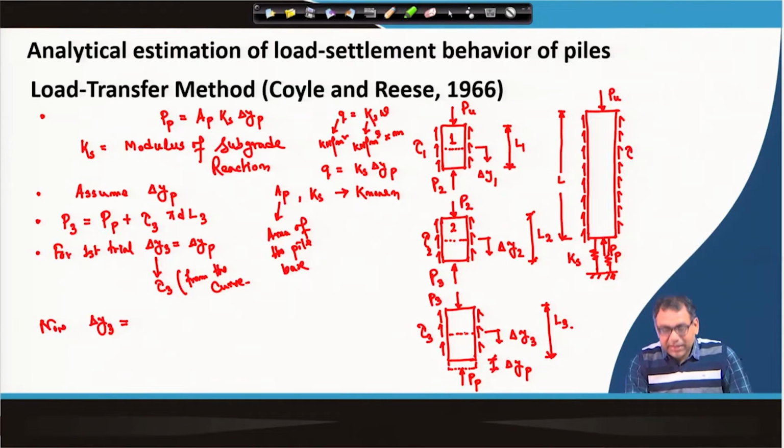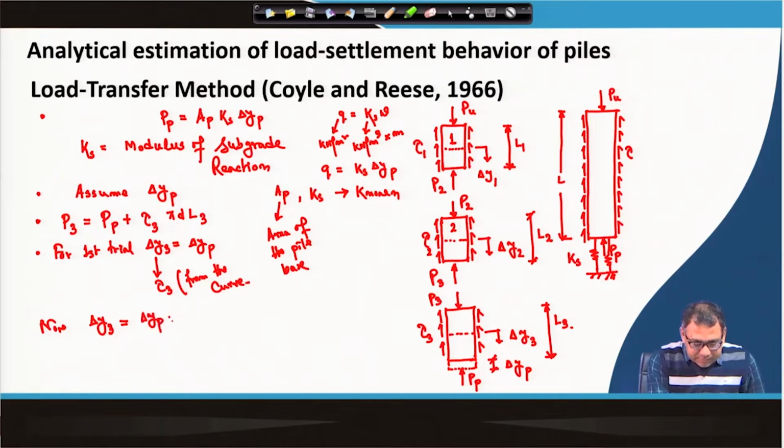That will be equal to the deformation of the tip, that is del y p, plus the deformation of the pile itself. The deformation of the tip is the deformation of the soil. So, how do I get the deformation of the pile material?